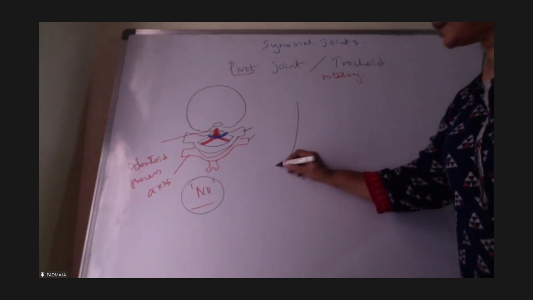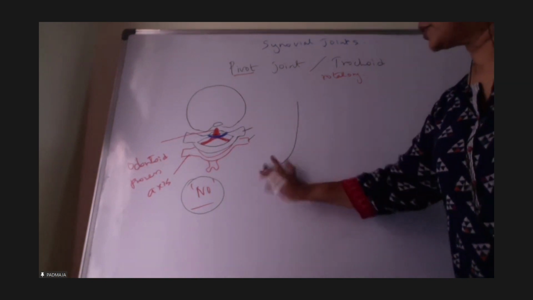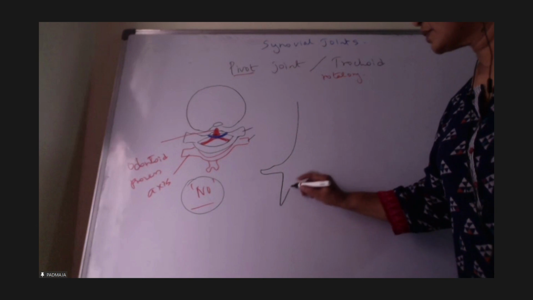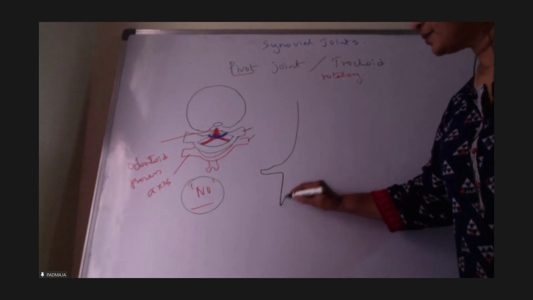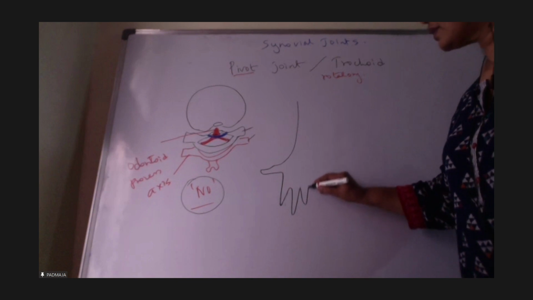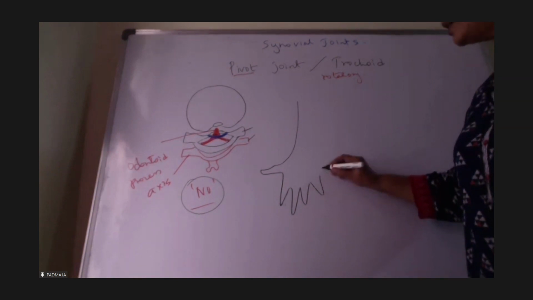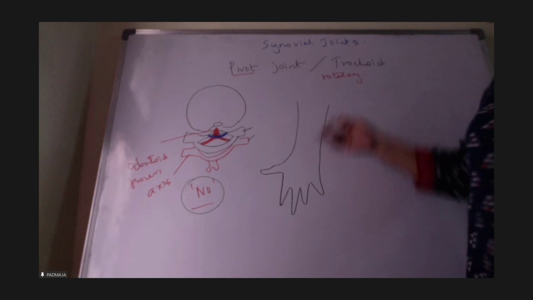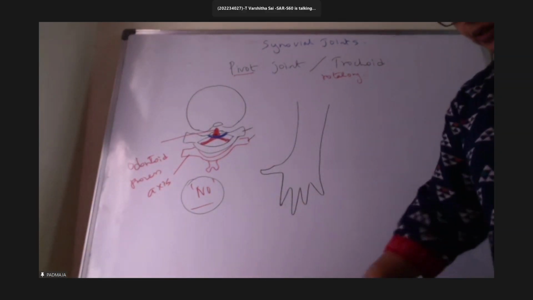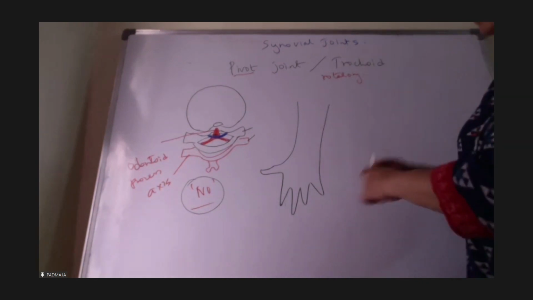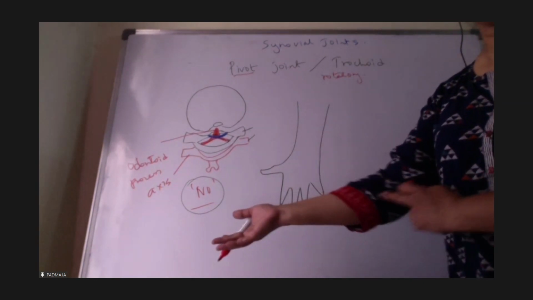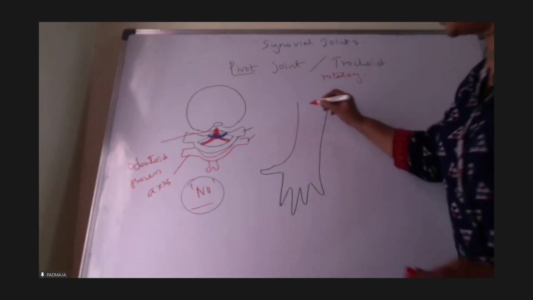Like that, thumb outside in the original position. Your point finger, middle finger, ring finger, and your little finger in the original position. During that condition, at this level, as I told you already, radius is towards your thumb and ulna towards your little finger.